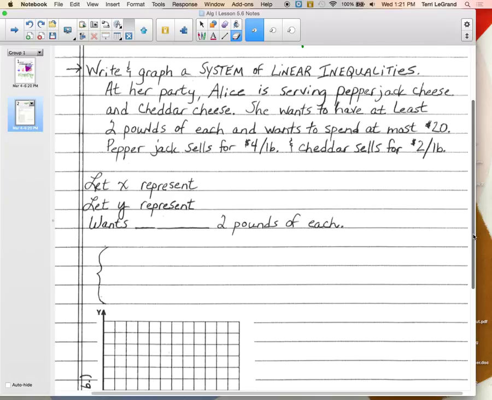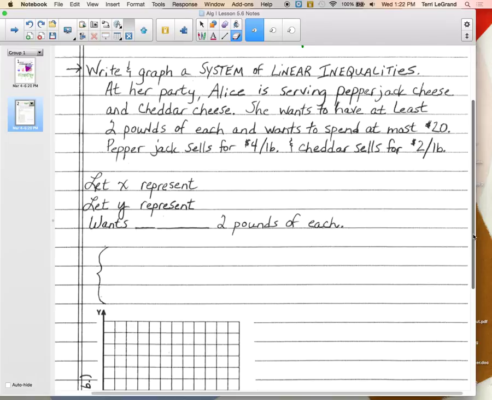So again, when we're trying to set up our own, we always describe X and Y. What are the things that are going to change in this? Because that's what X and Y have to represent. What can change? Ian? The pounds of pepper jack and pounds of cheddar. Yeah, how many pounds she buys can change. We already know how much they cost.